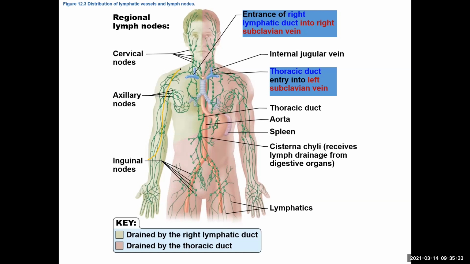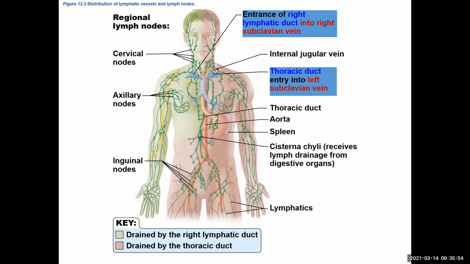But where and how? Once the whole fluid is collected from the body, these lymphatic vessels enter, if you remember, we spoke about the subclavian vein here. This is a subclavian vein, right? This is an internal carotid artery, right?